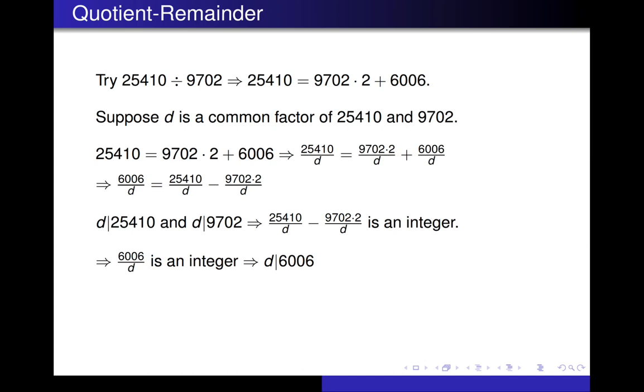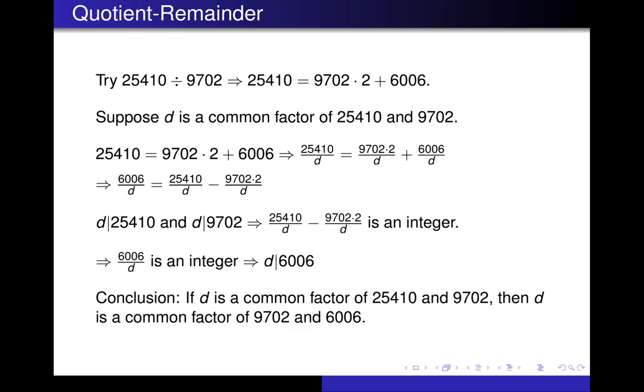Now, that's a lot of stuff going on, but if you want to summarize what we just did, if D is a common factor of 25,410 and 9,702, then D happens to be a common factor of 9,702 and 6,006. Right? It divides evenly into both of those numbers.